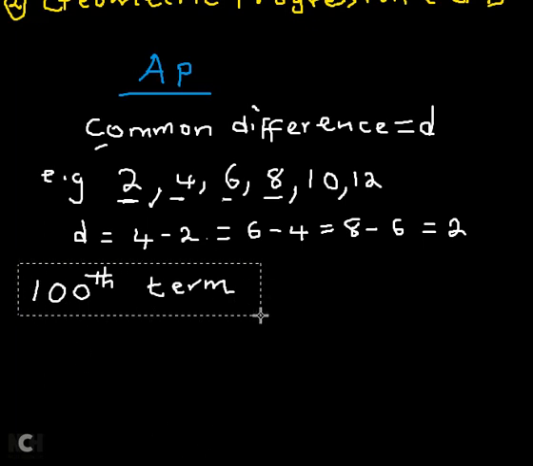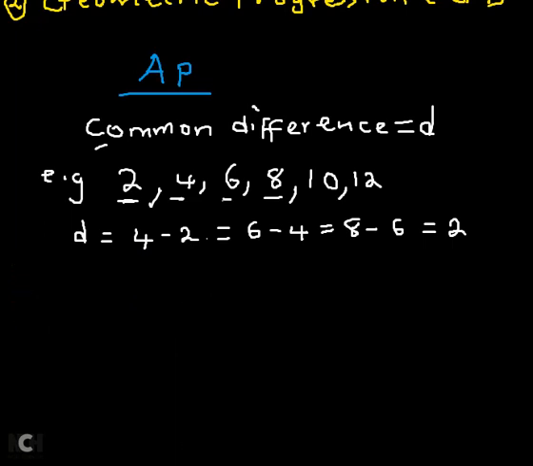So how do I find any term of a sequence without having to go through adding the common difference to the previous term till I get to that particular term? So I'm going to introduce a formula. This is the formula for the nth term of an AP.